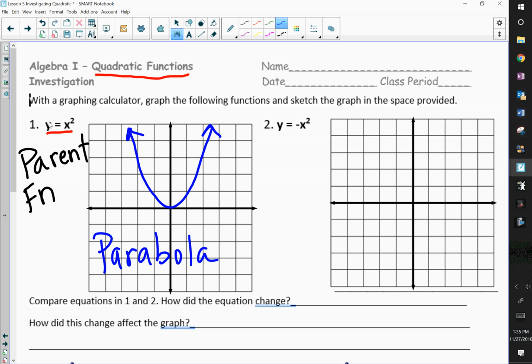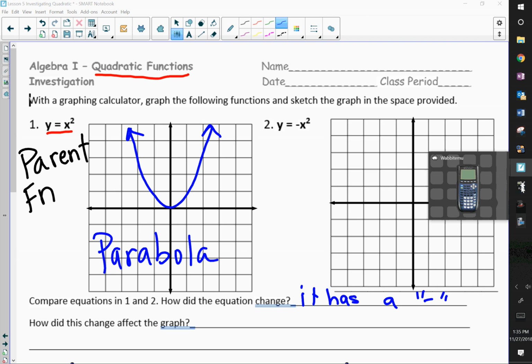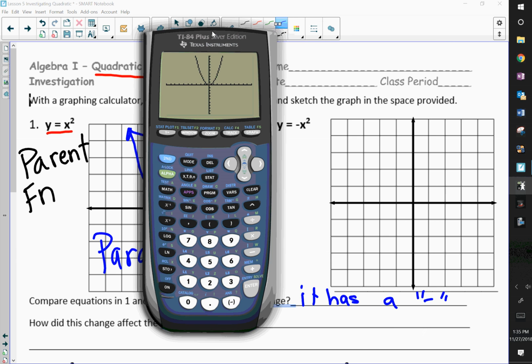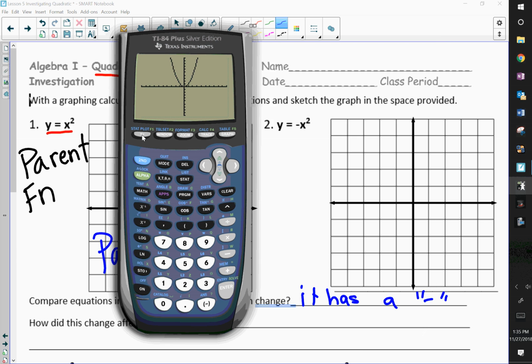Just like the function we looked at yesterday, y equals x squared, the second equation says y equals negative x squared. So compare equations 1 and 2. What's different? It has a negative. So if I grab my graphing calculator and I graph y equals negative x squared by pressing y equals, I can arrow down.